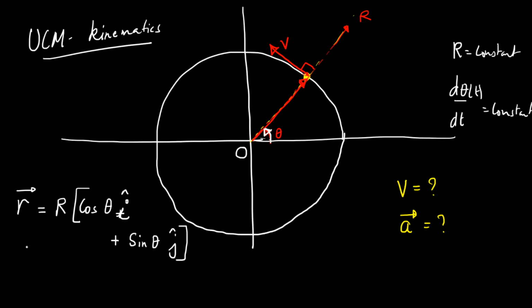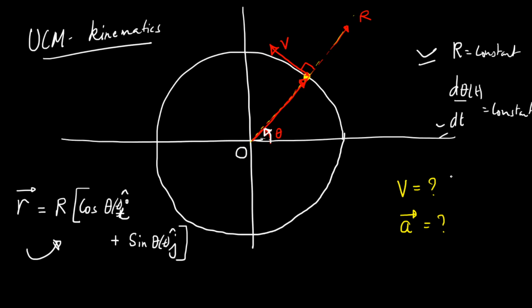And so this was a very accurate and fantastic representation of the position vector. So this is the position, and theta is a function of time with these restrictions for uniform circular motion.